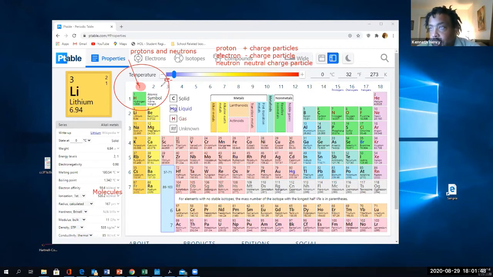Piece of cake? Okay, so your atomic number, this number right here, represents the number of protons.